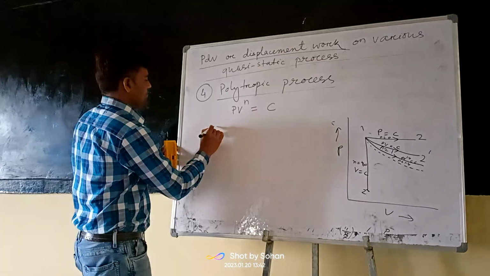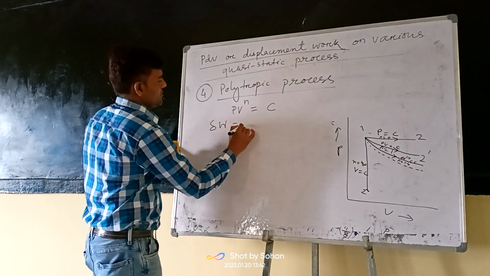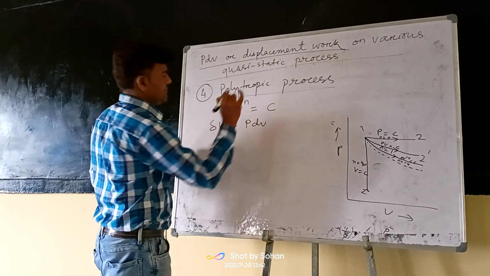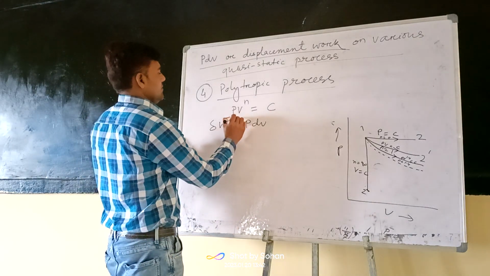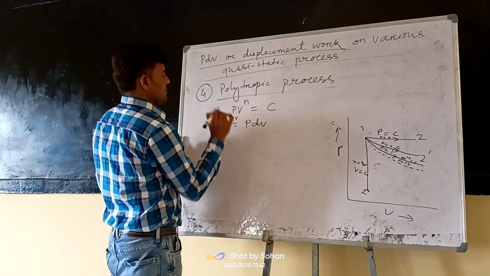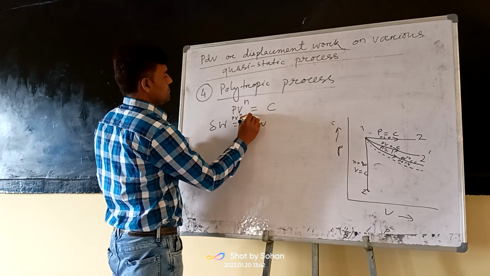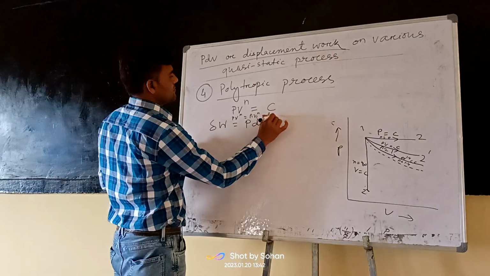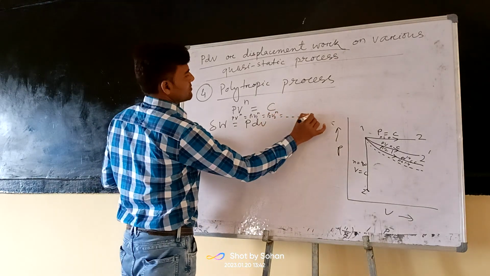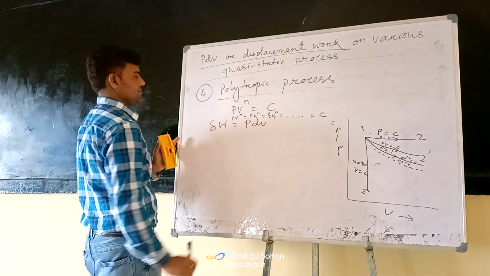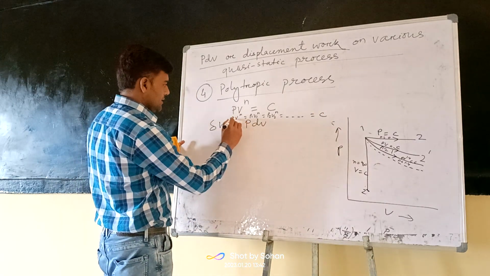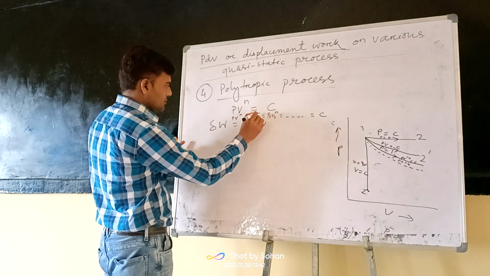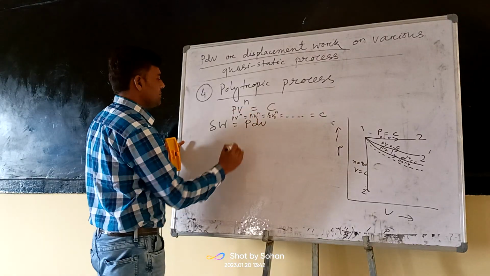Then work done, del W equal to P dV. PV to the power n equal to P1 V1 to the power n equal to P2 V2 to the power n, and so on, equal to constant. So P equal to P1 V1 to the power n divided by V to the power n.